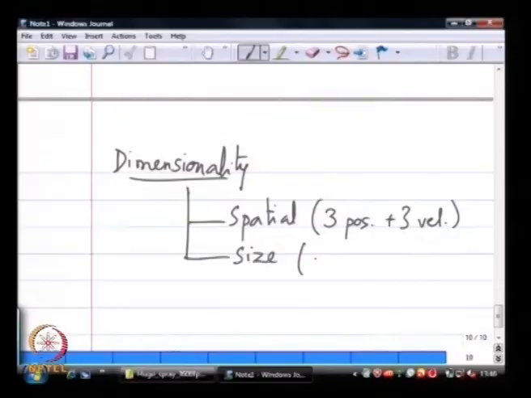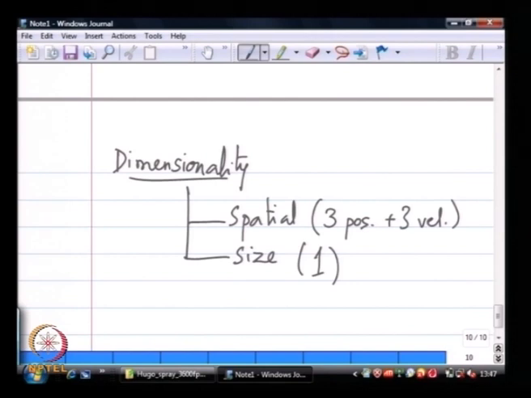It is no different from a spatial coordinate as far as our idea of dimensionality is concerned. There are real differences between size being called a coordinate and space in the way we write our equations. We will come to those later, but the point here is that if I want to completely describe this spray, then I have to define one more dimension, which is the droplet size.